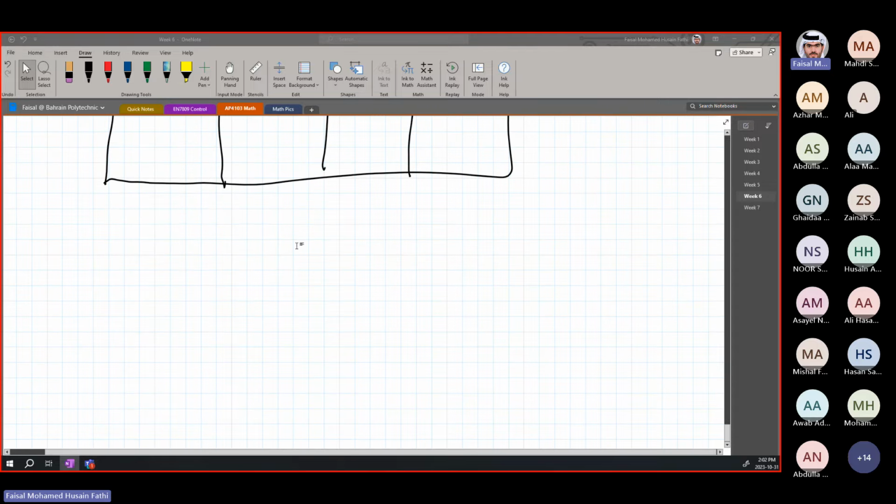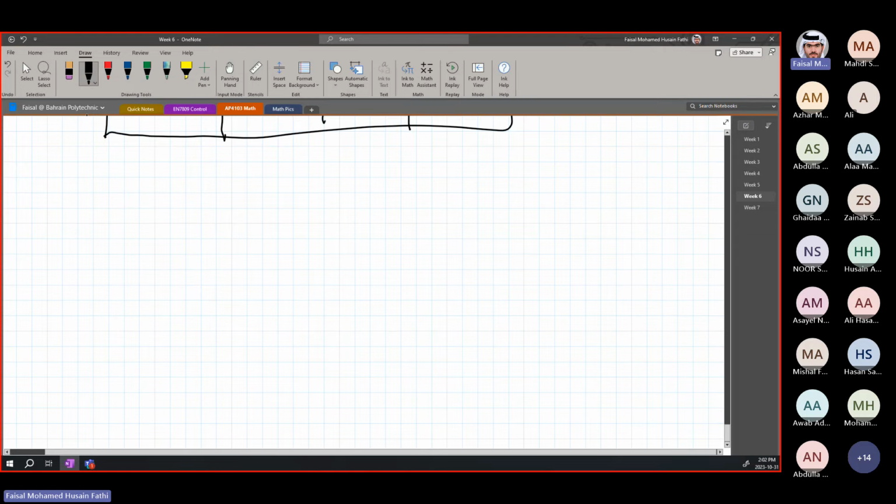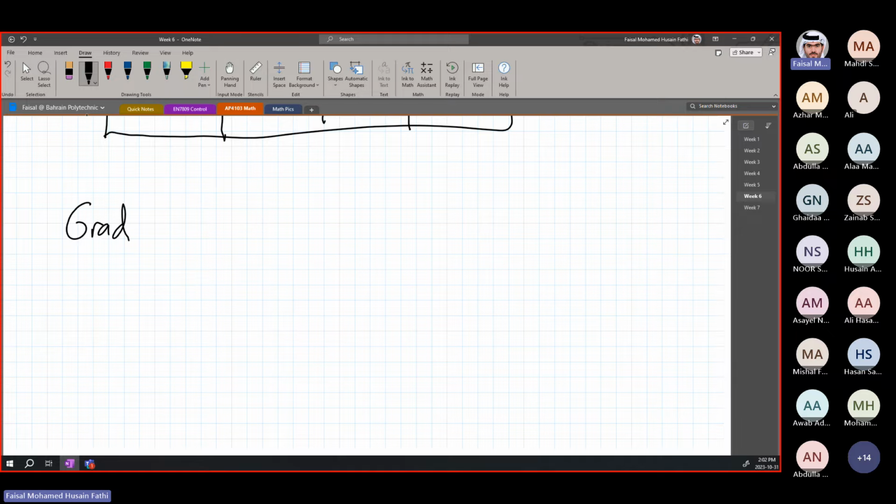Just to answer your questions, since we have a bit of time, let me answer some of the questions you asked before. The first question: the gradient of a line is 2. What does gradient mean? It has another name, what is the other name? Who remembers gradient from week 5?